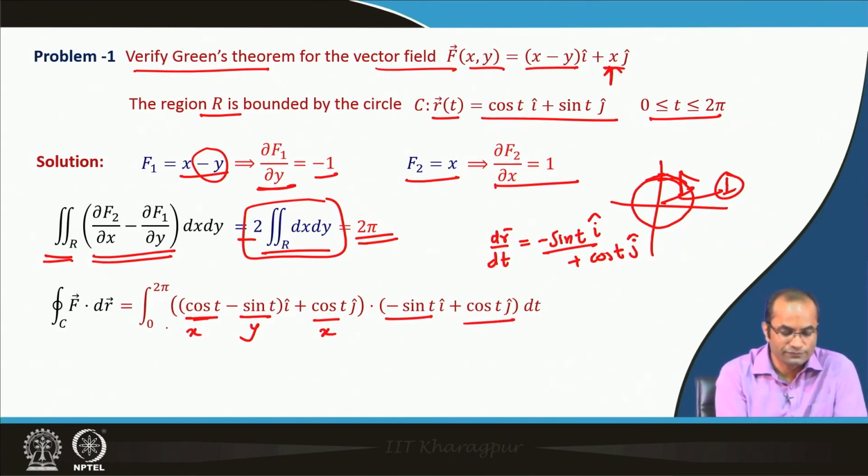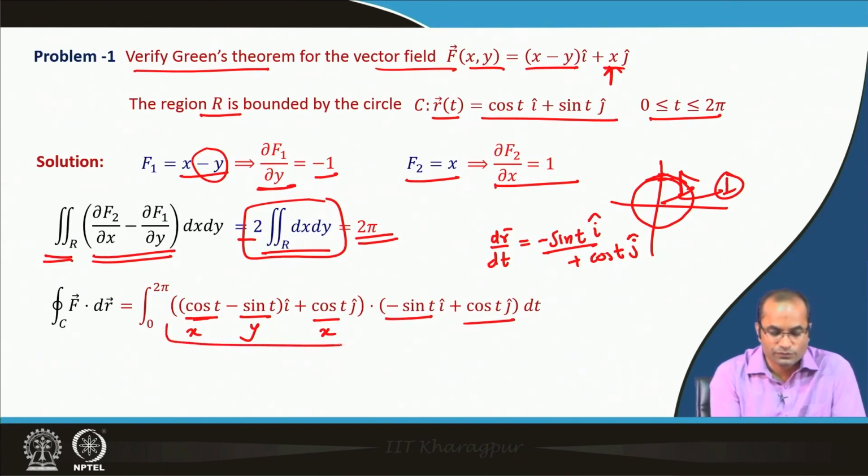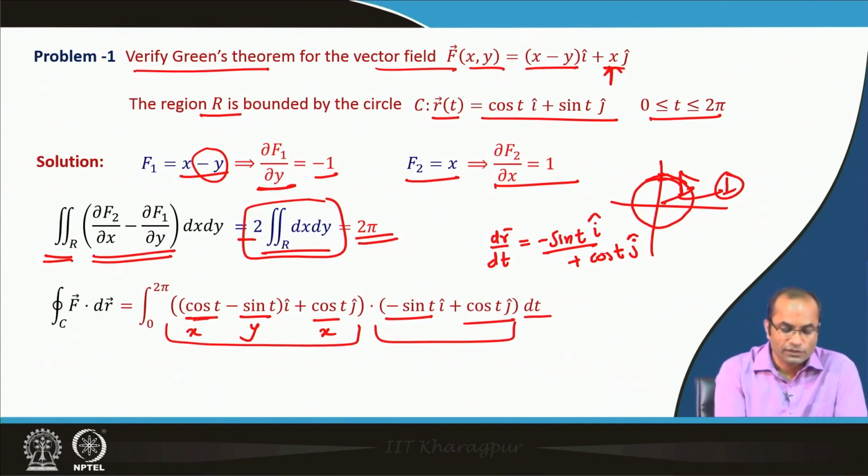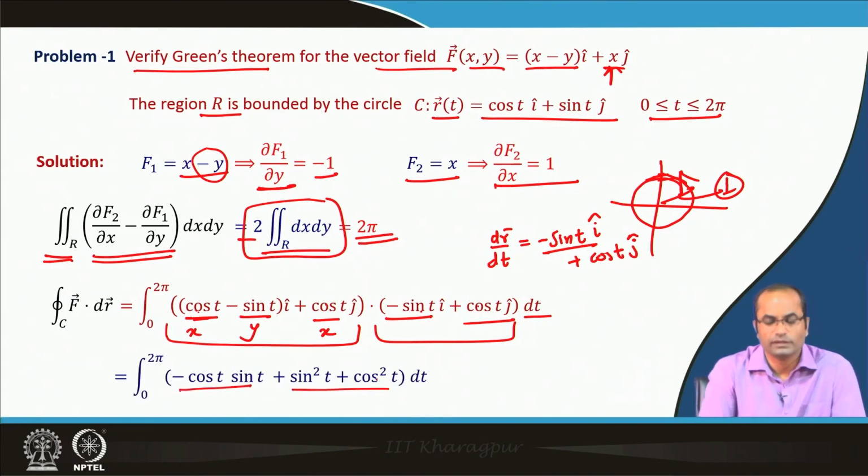So, we have F when we substituted already this parametric form, dot dr by dt, and then integrating over dt. So, this dot product will be minus sin t cos t plus sin square t plus cos square t, and this is 1.